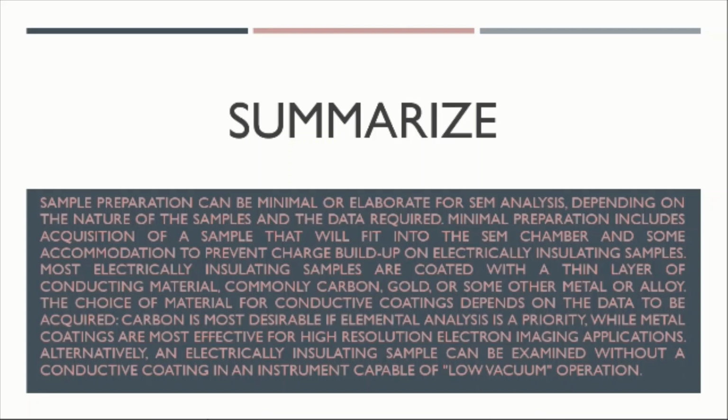The choice of material for conductive coatings depends on the data to be acquired. Carbon is the most desirable if elemental analysis is a priority, while metal coatings are most effective for high-resolution electron imaging applications. Alternatively, an electrically insulating sample can be examined without a conductive coating in an instrument capable of low vacuum operation.